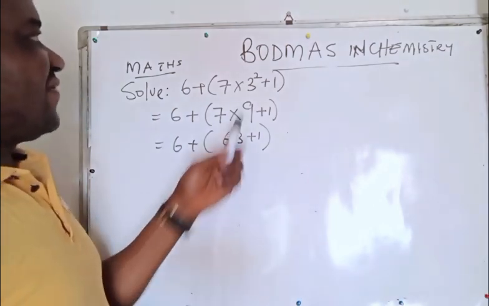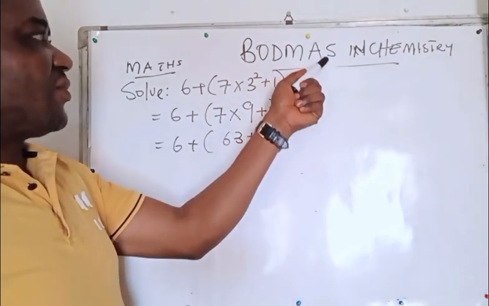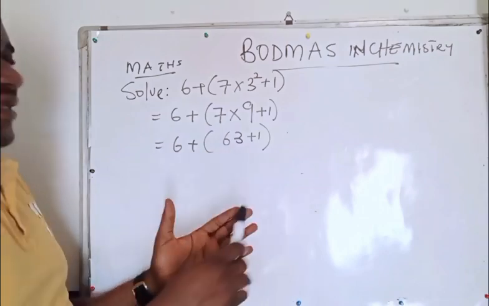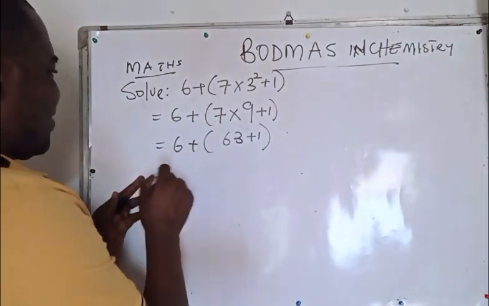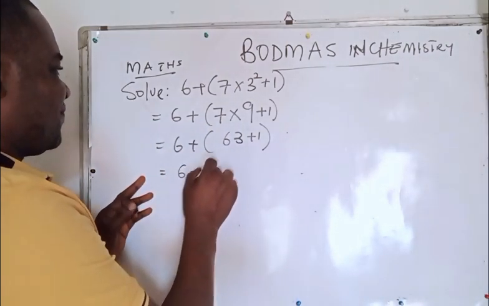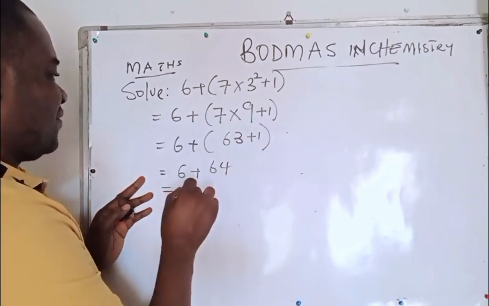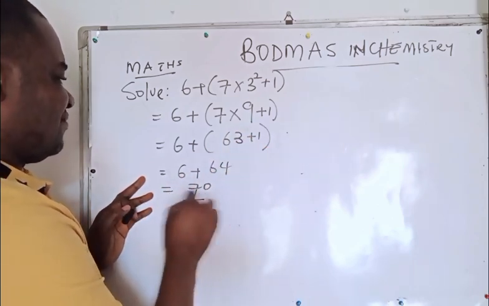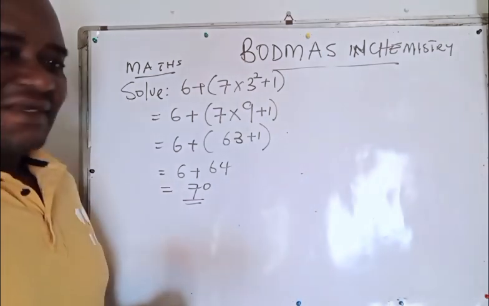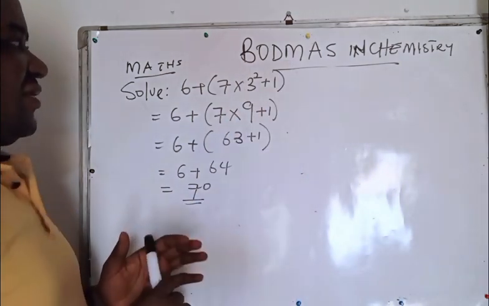Now the next thing after multiplication is addition and subtraction. So we now move to the addition. 63 plus 1 will give us 64, and 6 plus 64 will give us 70. Do you see that we have followed BODMAS to solve this?